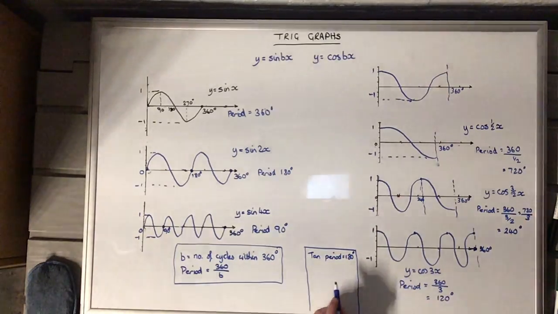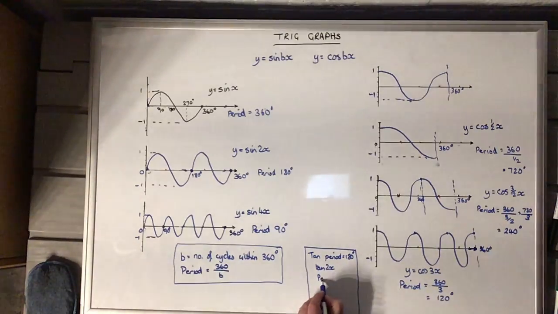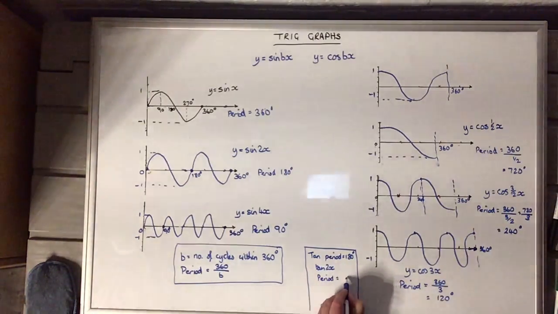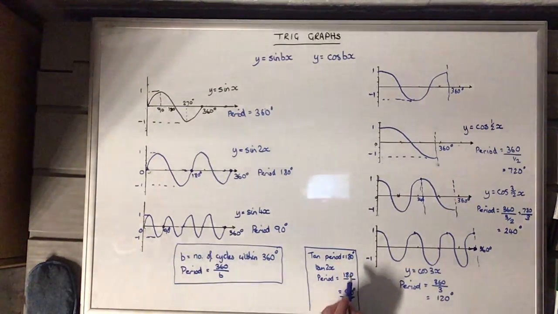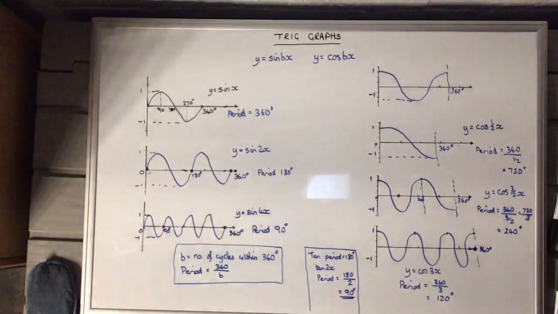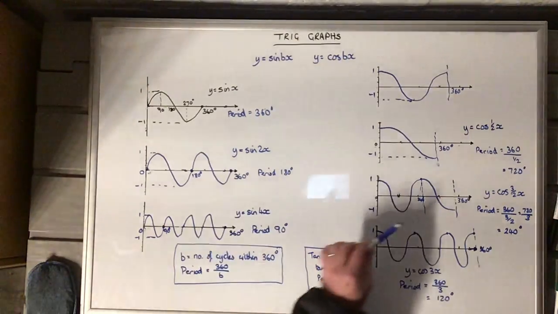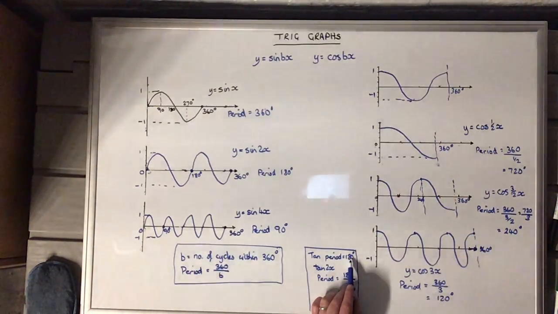So if we have tan 2x, then the period for that would be 180 this time over 2, which would be 90 degrees. You've got to be careful of that, because the period for tan is only 180, not 360. That's the only difference between these things. Invariably in the National 5 exam, 99.9% of the time it's sine or cos that you get. You could get a tan, but very, very rare, and you'll have to remember that the period for the standard tan is 180.